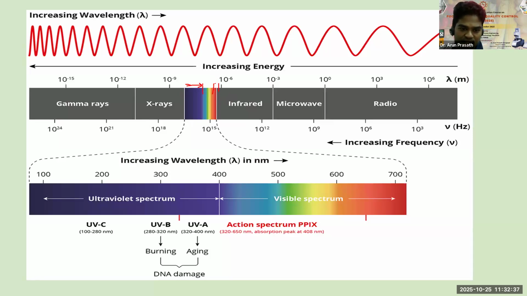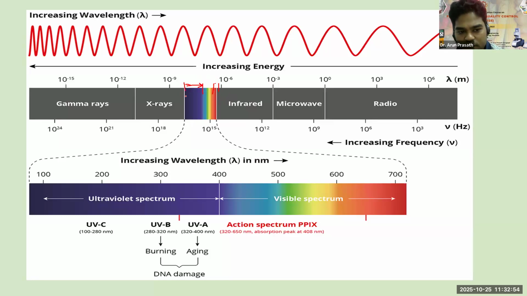There, you can see the visible spectrum starts with the blue region. And before that, we have violet. Before the violet region, we have the ultraviolet region.